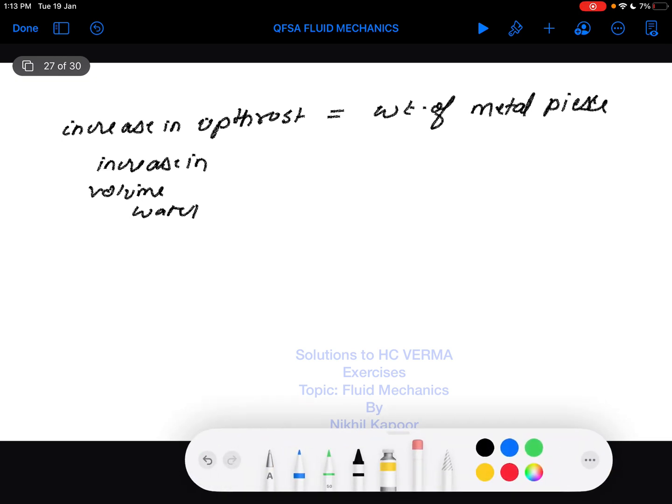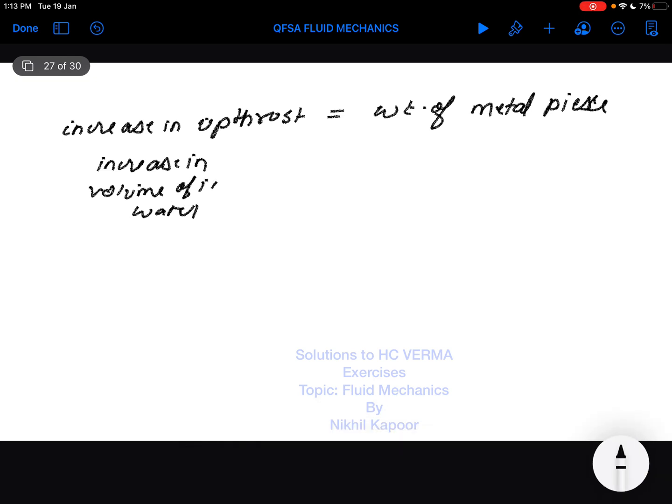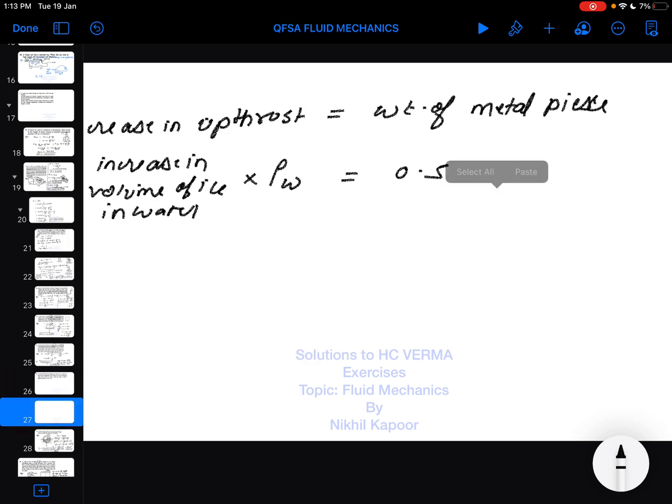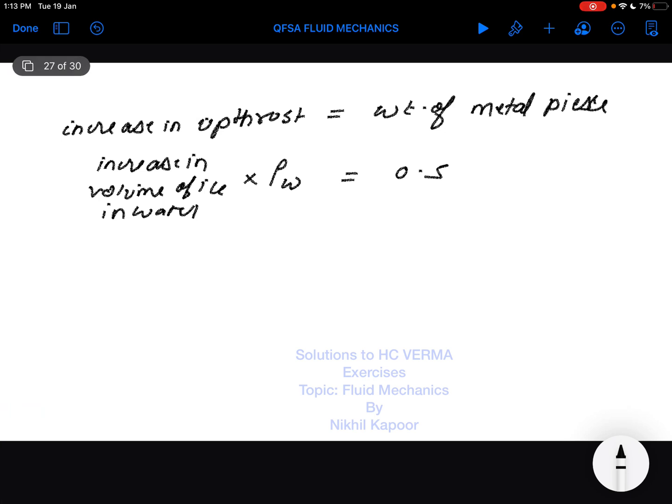So it will be the increase in the volume of ice in water into density of water, equal to the weight of the metal piece, which is 0.5 kilogram. We are keeping this in kilogram.